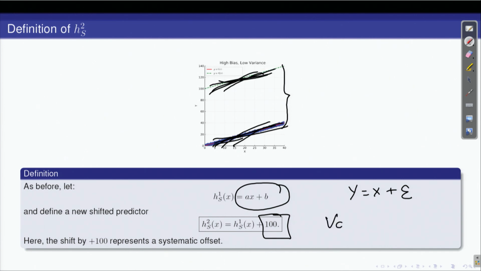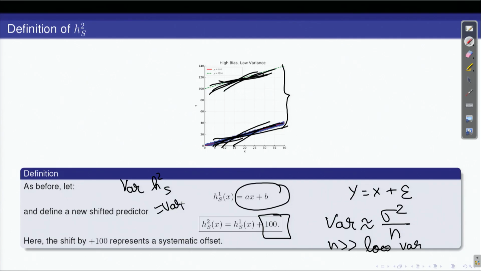So, variance will still remain sigma square over n. If n is large, this is definitely low variance. Variance of H2, just from the picture it is clear, is the same as variance of H1. We can prove it in detail, but it is clear from the picture.